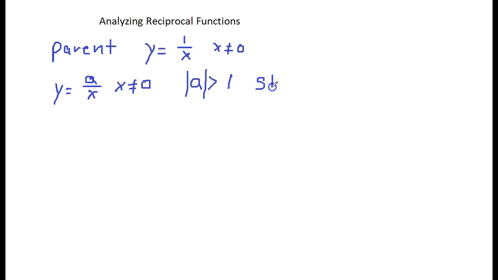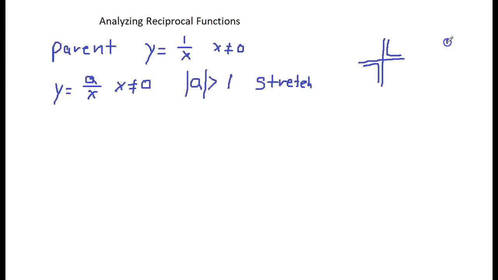Now, what kind of stretch is this? All right, this is just a generic function, so nothing is measured. Our original would be like this, hugging the x and y axes, with both x and y axes as asymptotes. That would be our original.